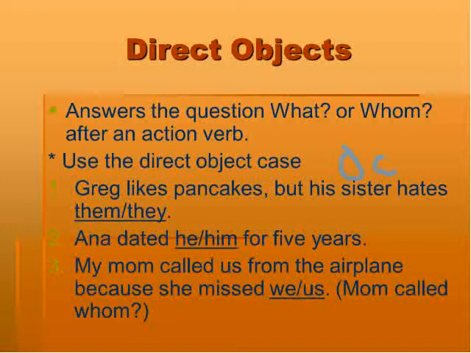Okay, so I want you guys to try 1 through 3. Greg likes pancakes, but his sister hates... You're using the objective case, that second box. There's only 3 practice ones for this one. Objective case for the direct object.